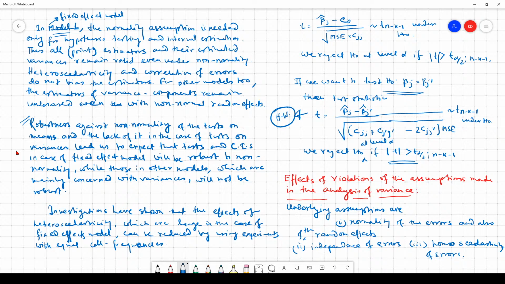Investigations have shown that the effects of heteroscedasticity, which are large in the case of the fixed effects model, can be reduced by using experiments with equal cell frequencies.